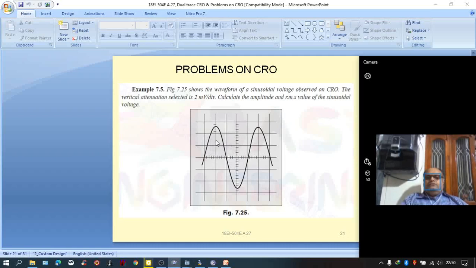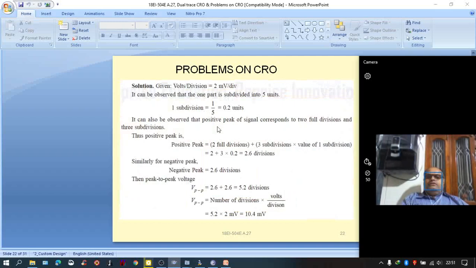Now here, 2 main divisions and 3 subdivisions. That means from center, the peak value of the signal has a length of 2.6 divisions, and each division is 2 millivolts. So 2.6 divisions corresponds to 5.2 millivolts.